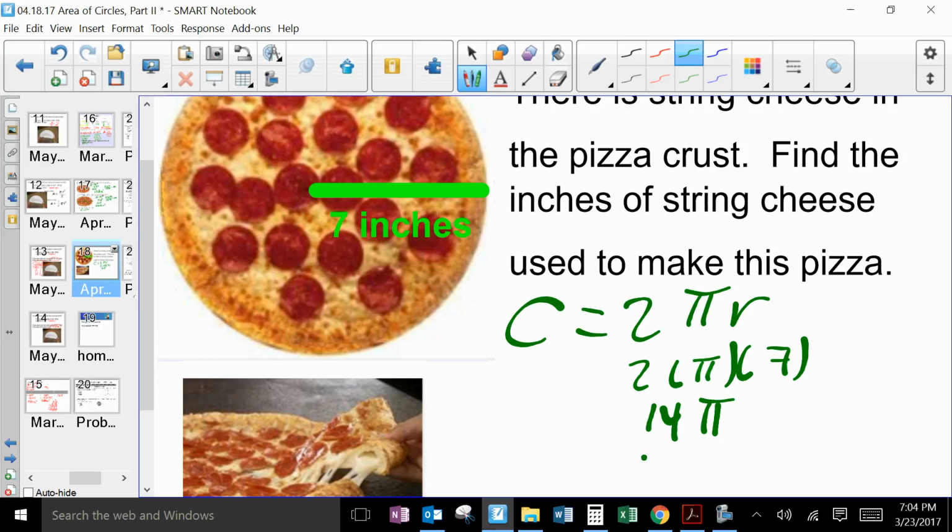So I'm going to use 3 for pi for this one. 14 times 3 is 42 inches of cheese that wraps around the pizza. So again, area is the inside, which is pi radius squared, while circumference is the distance around.